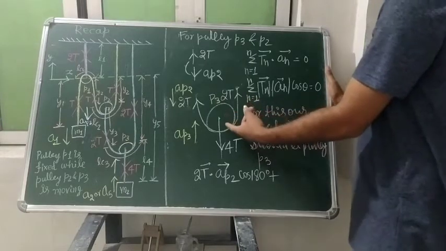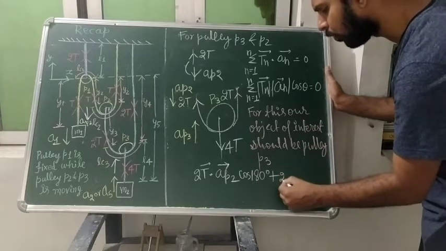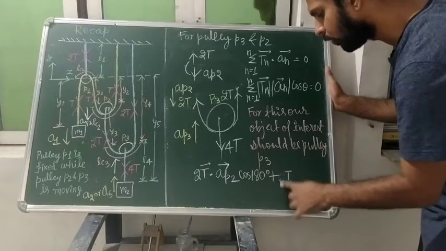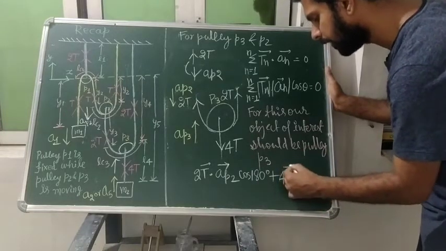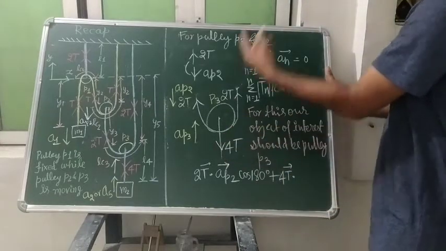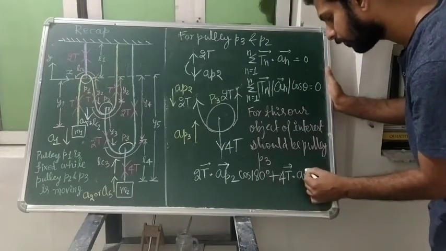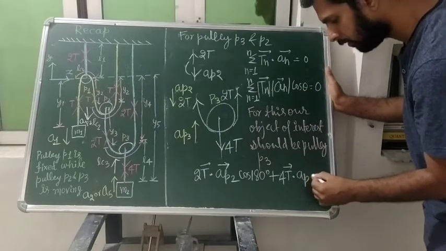So cosine of 180 degrees, plus for pulley P3, the net tension acting is the 4T vector dot acceleration, which I have assumed in the upside, the AP3 vector.